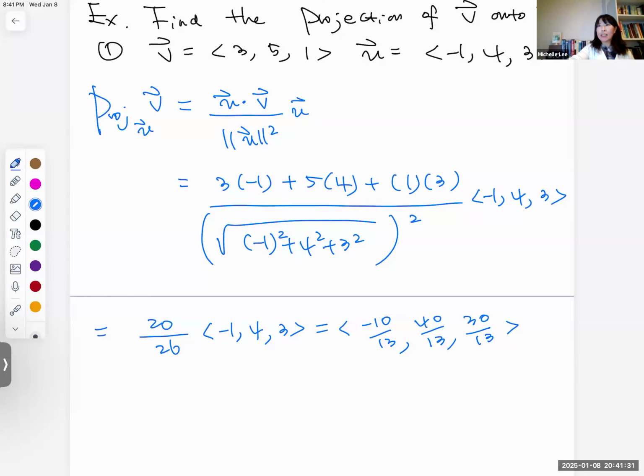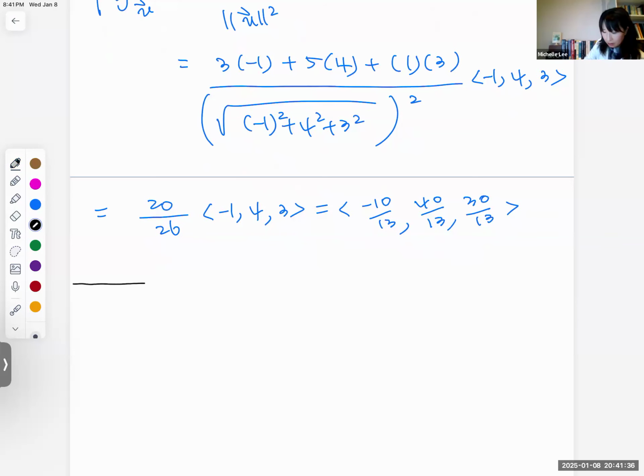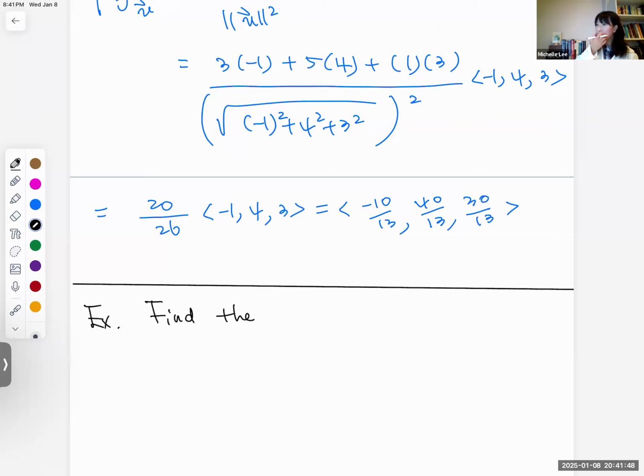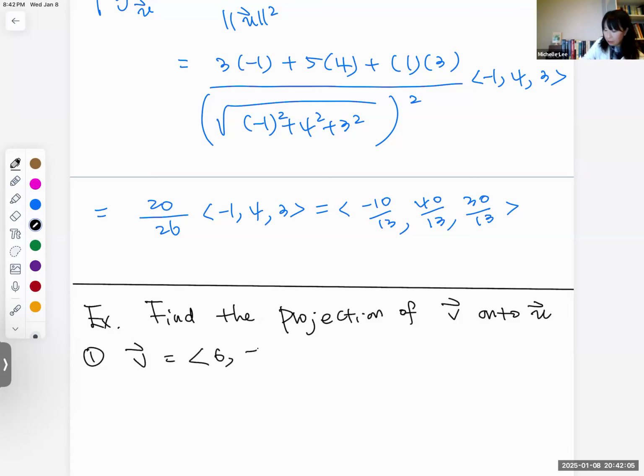Try one more. Okay, find the projection of V onto U. So V equal to (6, -4), U equal to (3, 1).